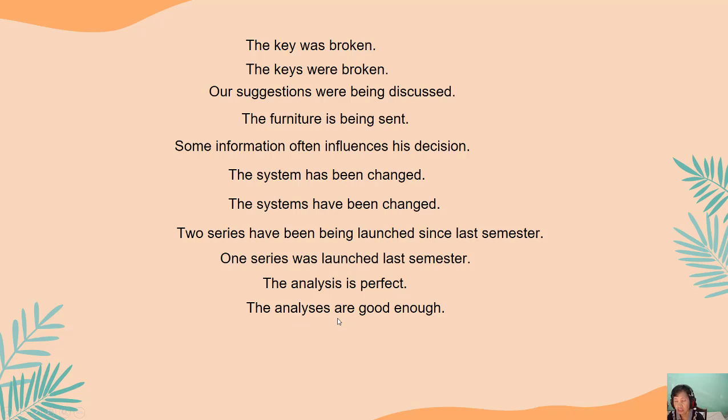So the tenses which are influenced by whether the subject is singular or plural are five. You can have simple past, but simple past with to be or non-verbal sentence. And then past continuous tense, and present continuous tense.